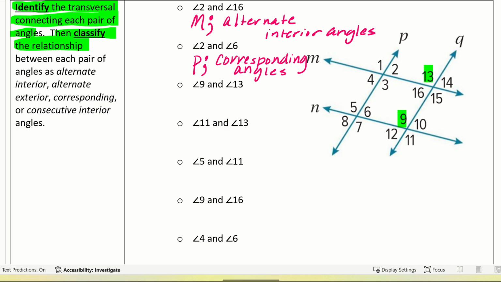When I look at this one, the transversal I see is this one here, and it's cutting lines M and N. So our transversal here is Q. And it looks like 13 and 9 are in the same spot. They're both above the line and to the left of the transversal. So they're the upper left-hand corner, which makes these also corresponding angles.